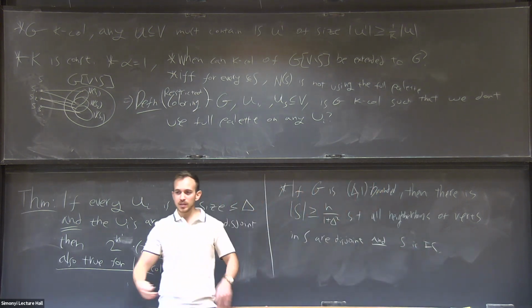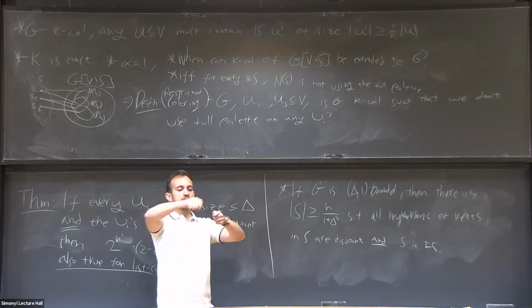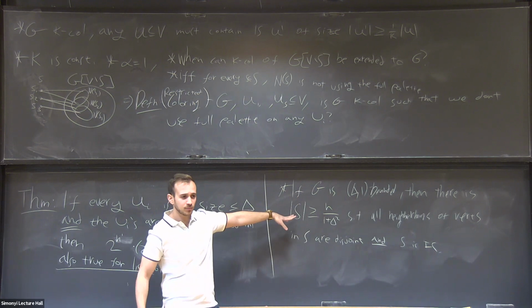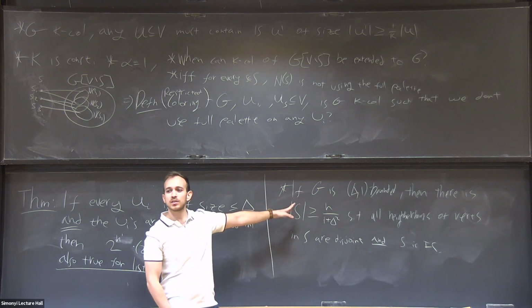So basically, I have an independent set that also doesn't have any shared neighbors. Why is that? Good. Yeah, just a greedy algorithm will give you this.